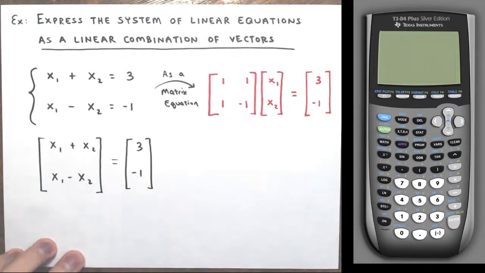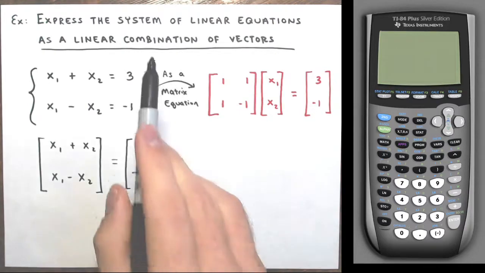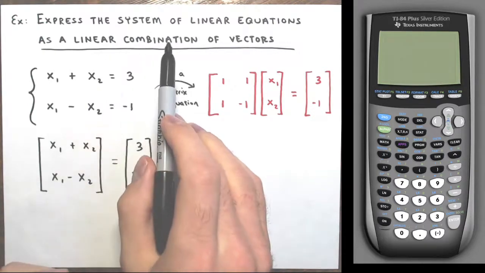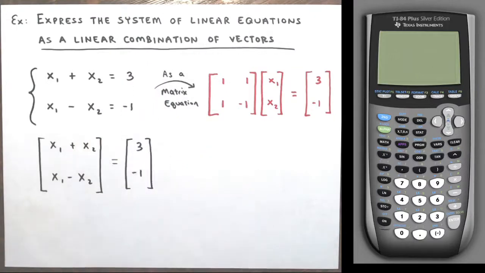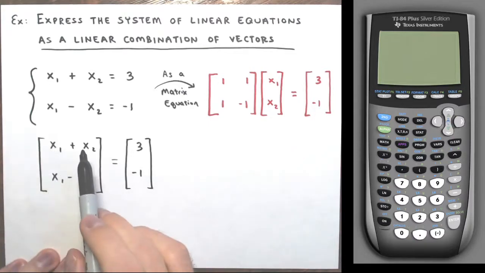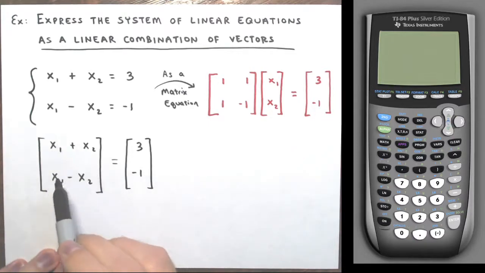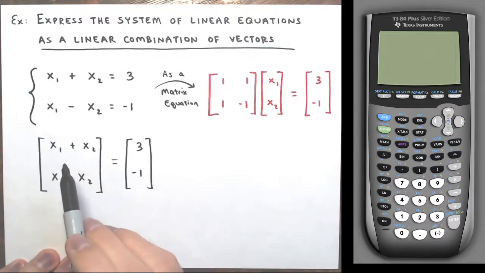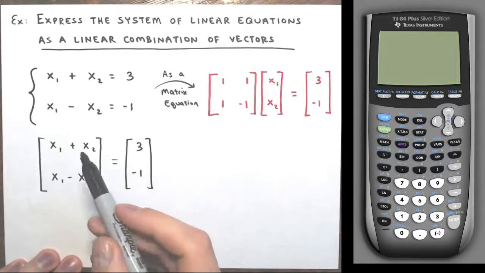Recall that I put up a video before about linear combinations. A linear combination of vectors is a sum of scalar multiples of a group of vectors. So what I'm going to do is break this left side with the variables up into a linear combination, a sum of scalar multiples of some vectors.